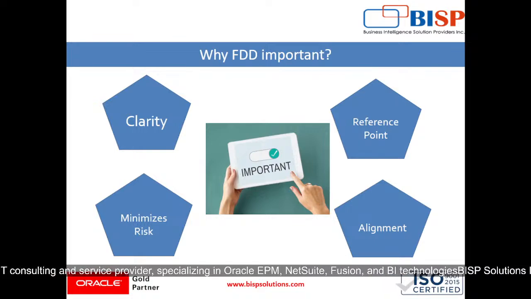Then alignment, which ensures alignment between business users, functional consultants and technical teams. Then it minimizes risk, so it reduces misunderstandings and scope creep during development of the project. Then comes our reference point, which acts as a blueprint for configuration, customization and testing activities.